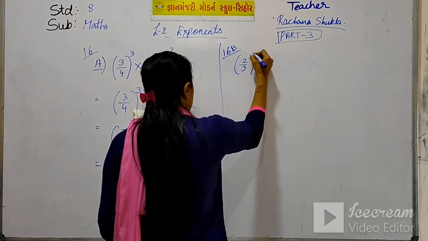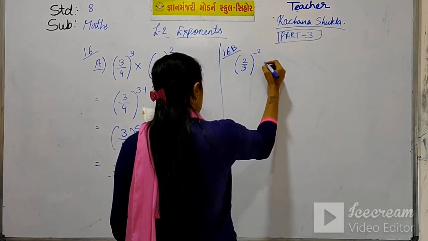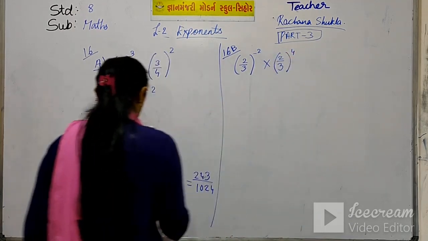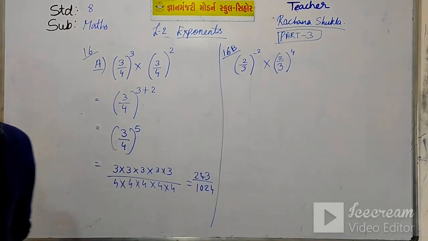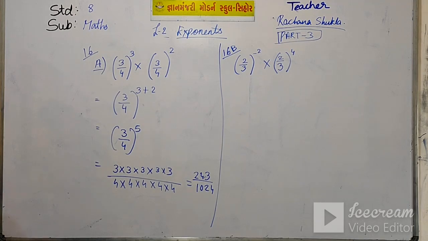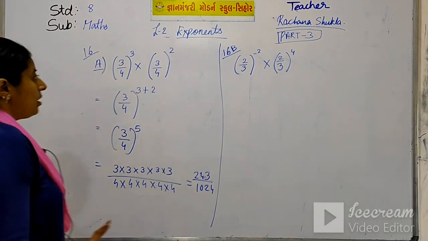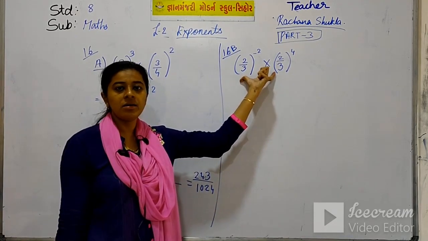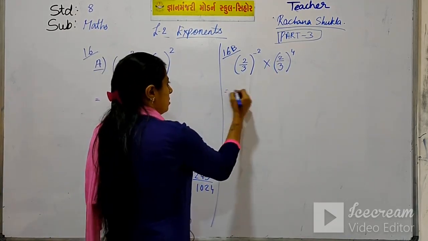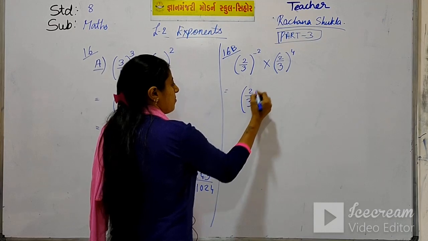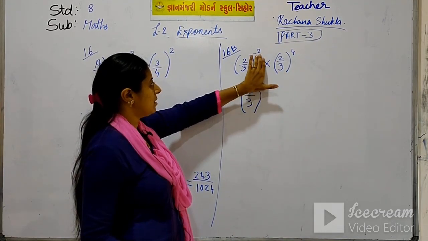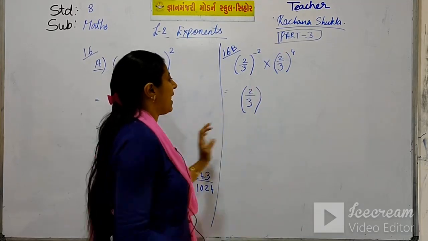2 upon 3 to the power minus 2 into 2 upon 3 to the power 4. Now in this sum, again the bases are the same. So you will write one time the base, and here is the multiplication sign, so the powers will be added.